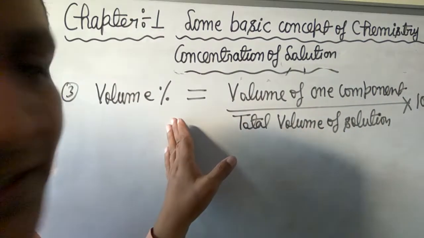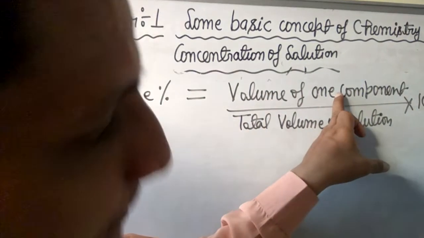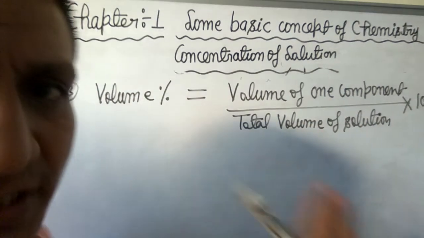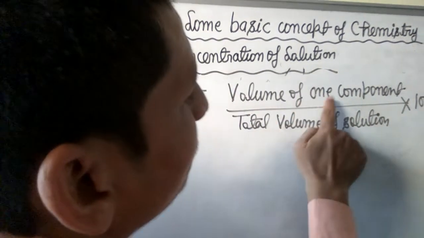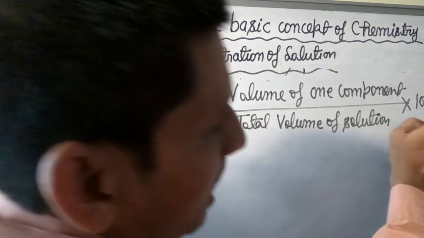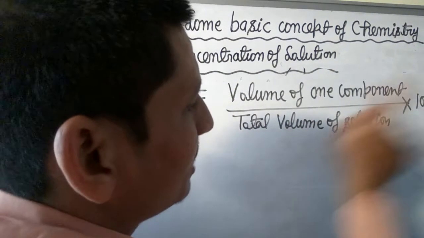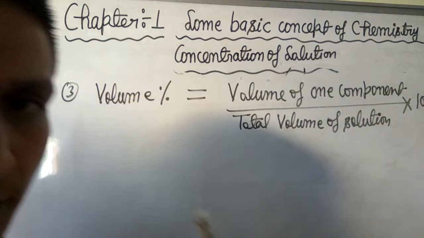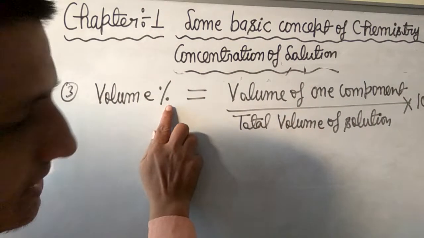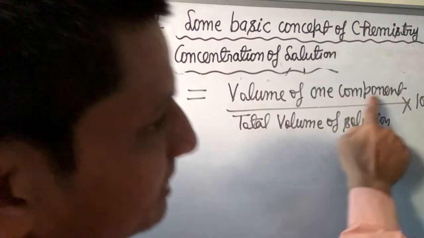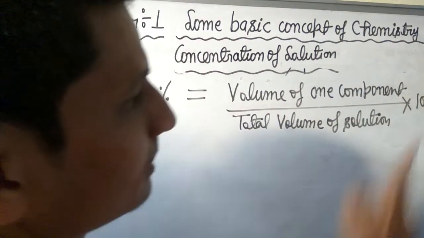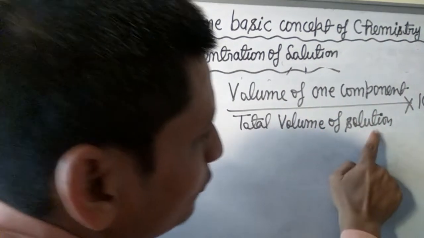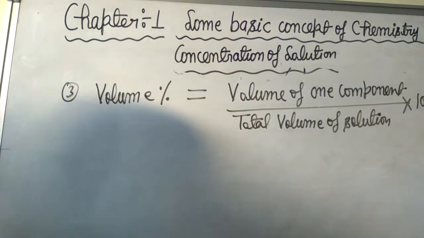There are two components: the first is solute, the second is solvent. Definition: the volume of one component present in 100 parts of solution is called volume percentage.